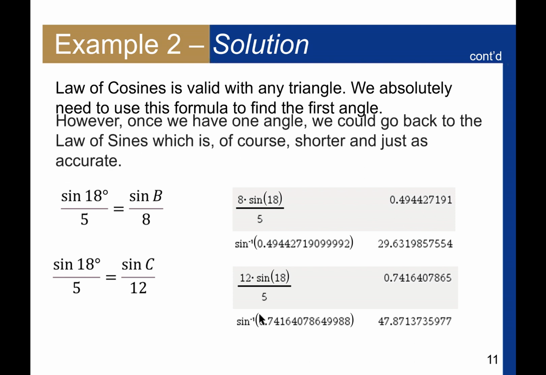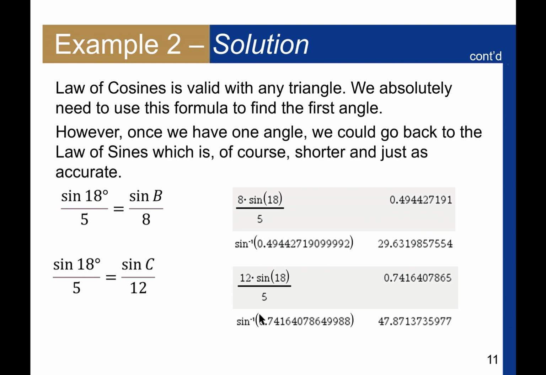What I'm suggesting is if we go back to the law of sines, it's shorter. We already know we're given all 3 sides. This is a legitimate triangle. We can use the law of sines now that we have the 18 to start off with and find those other angle measures. Okay?